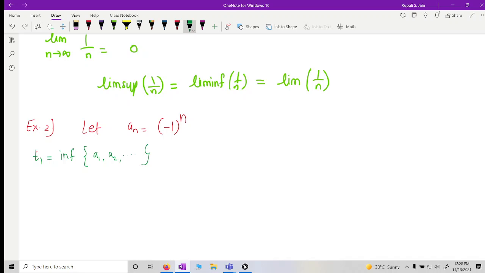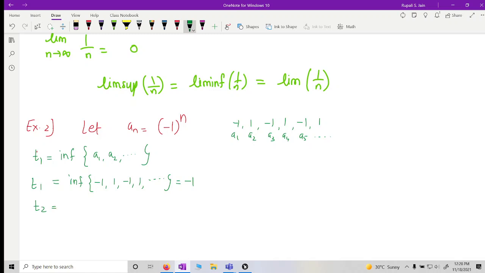What is A1? Minus 1, 1. Minus 1, 1 and so on. So this is my A1, A2, A3, A4, A5 and so on. Okay. So what is infimum of A1, A2? Minus 1, 1, minus 1, 1 and so on. So what is infimum? Minus 1. So T1 is minus 1.